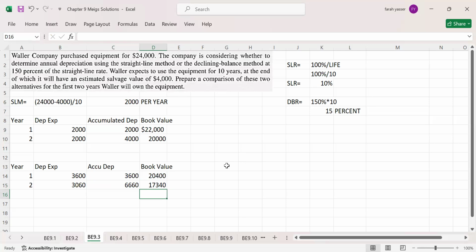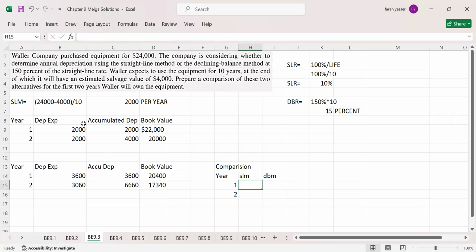Now, comparison is required. We have year 1 and 2. We have depreciation under straight line method, and depreciation under declining balance method.